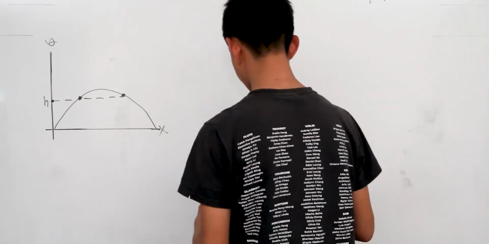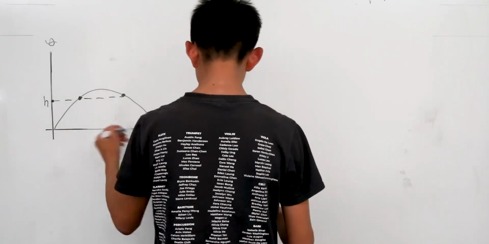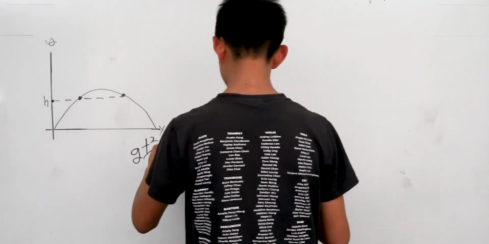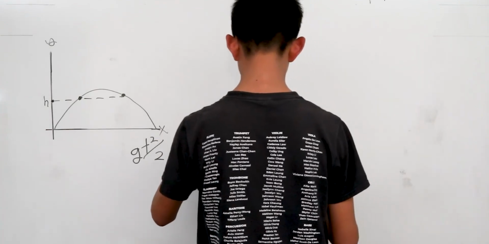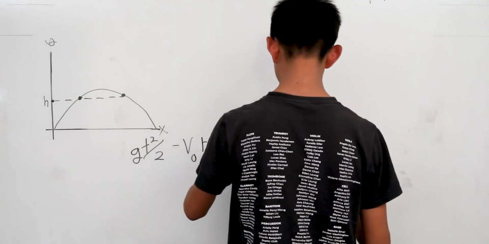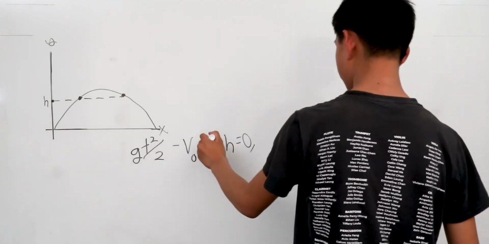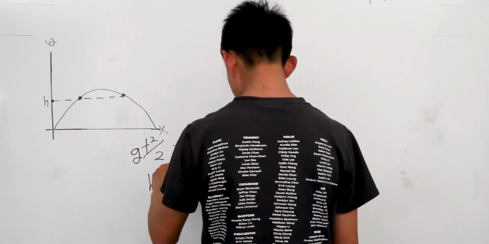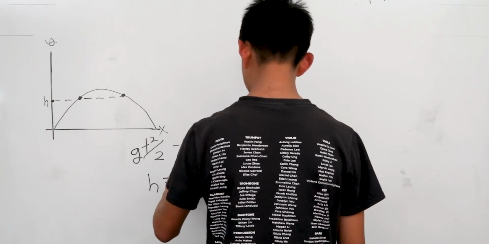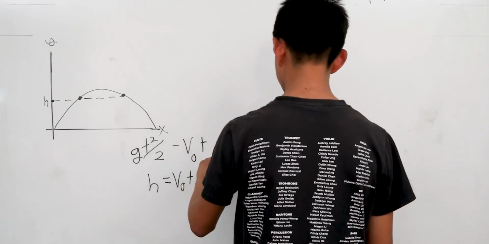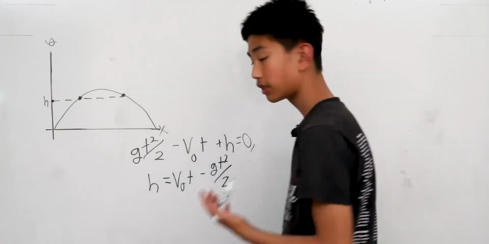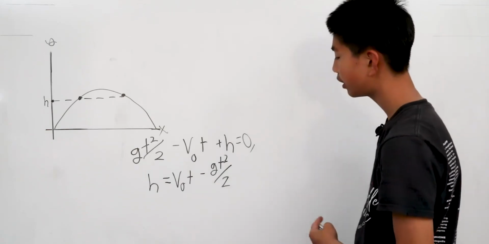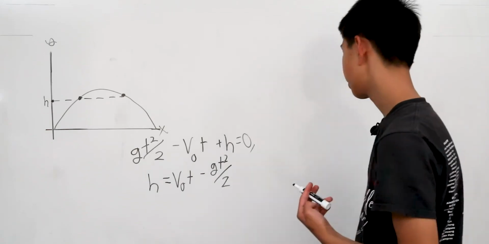So we can state that, if we get a formula of g t squared over 2 minus v0 times t plus h is 0, we can then switch these variables around to get that h equals v0 t minus g t squared over 2. For the sake of this test, they say that you want to just round the gravity to 10 meters per second squared, so we do that.